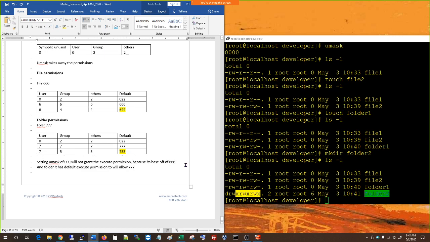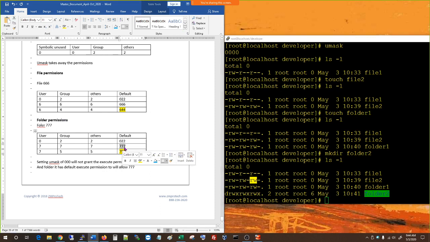So when you set UMask 000, it gives you the permissions based out of 666 for files, which it did give, 666, and then for folders here, 777.